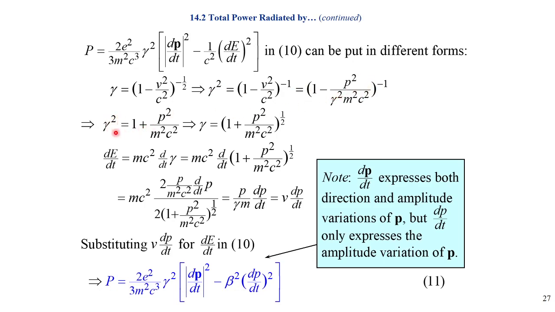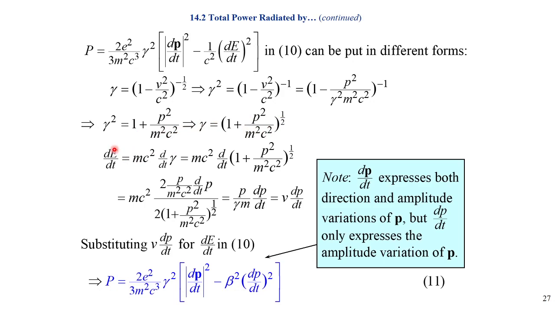Gamma squared equals 1 plus p squared over m squared c squared. It's a simple operation. I don't want to consider it an extra bonus because it's quite simple. You can derive this equation easily. So gamma squared equals 1 plus p squared over m squared c squared. So we can rewrite gamma into this form.